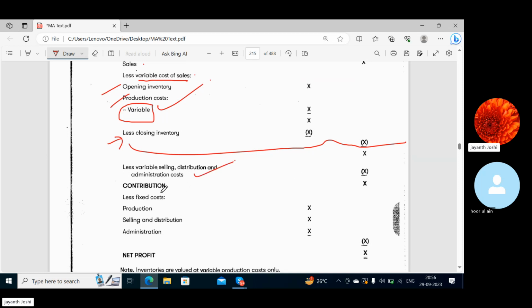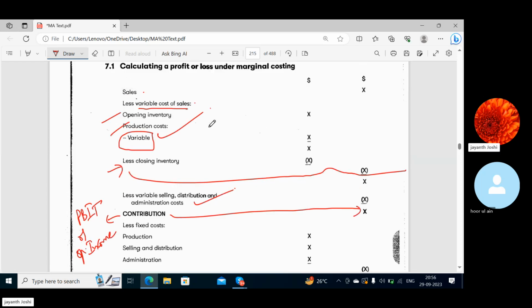Then these are period costs, like variable selling, distribution and administration cost. Then you get contribution. Contribution is also called profit before interest and tax, PBIT, or operating income. Again, under variable cost of sales or product cost, you have taken the variable production cost. Fixed production cost you haven't taken.